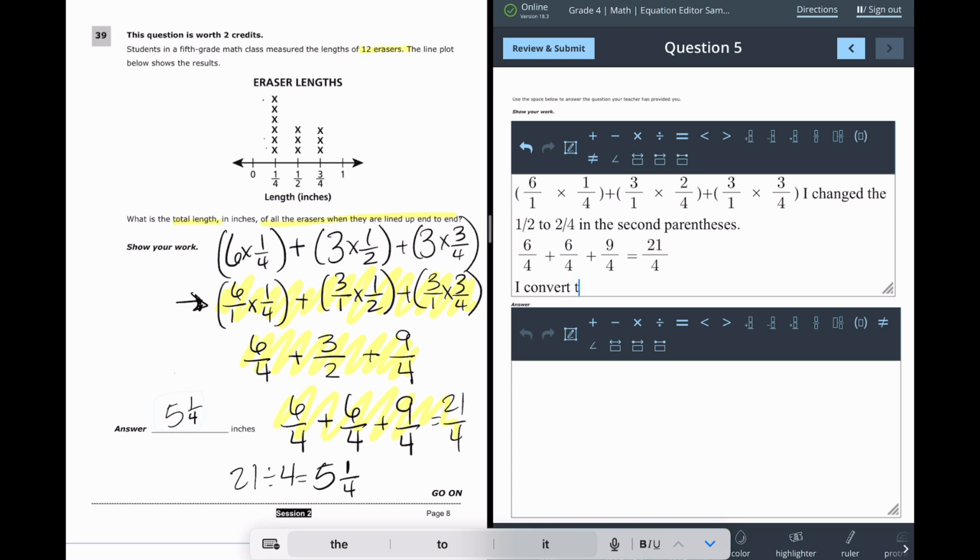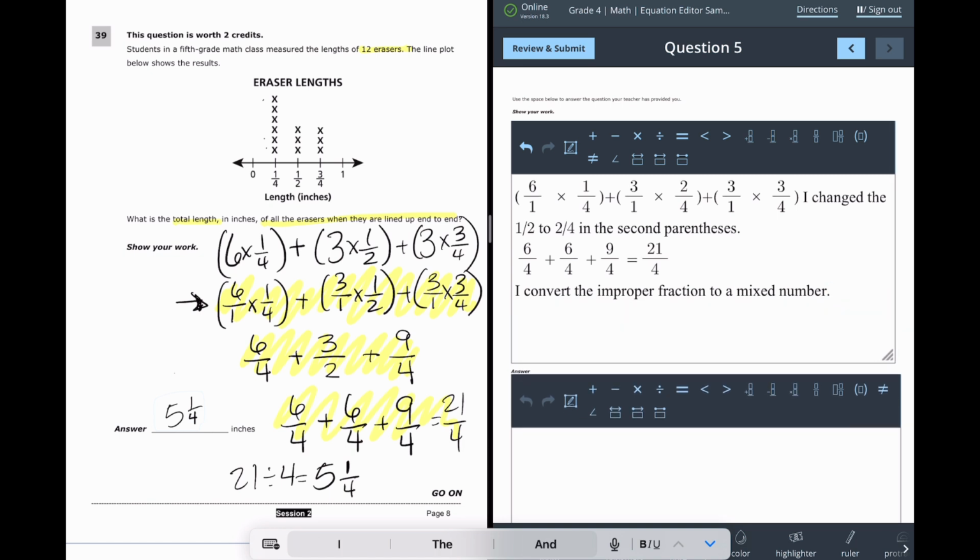I convert the improper fraction to a mixed number. So again, you can kind of see the only reason I'm doing all this is so that anyone could just follow what I did the entire time.